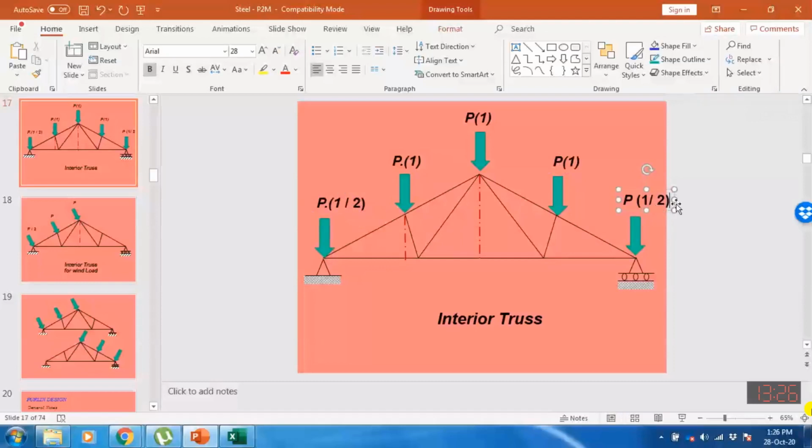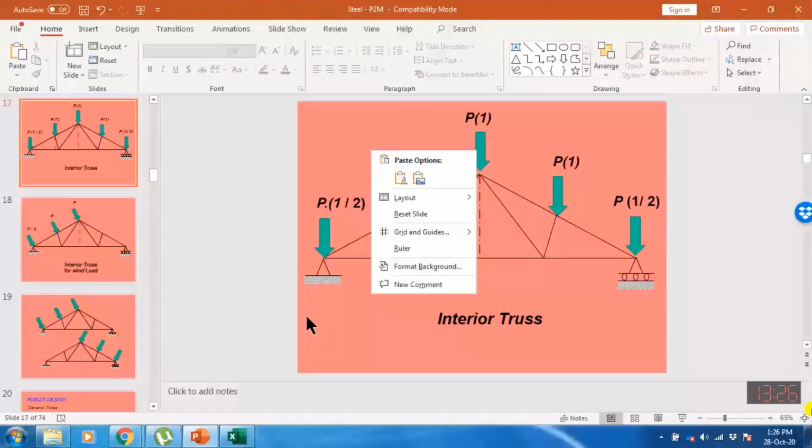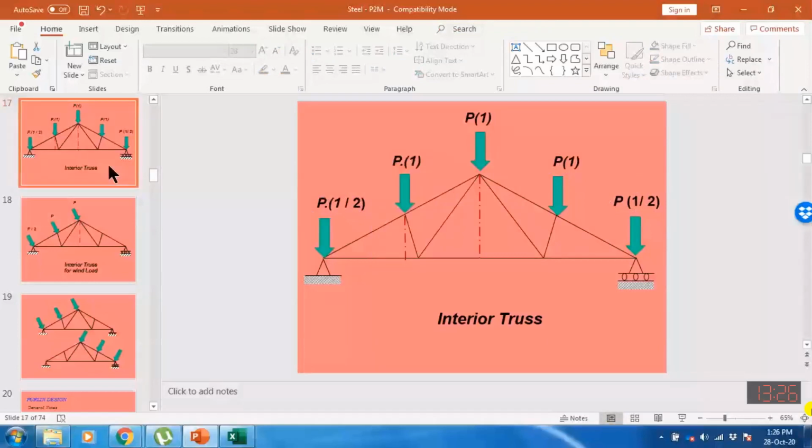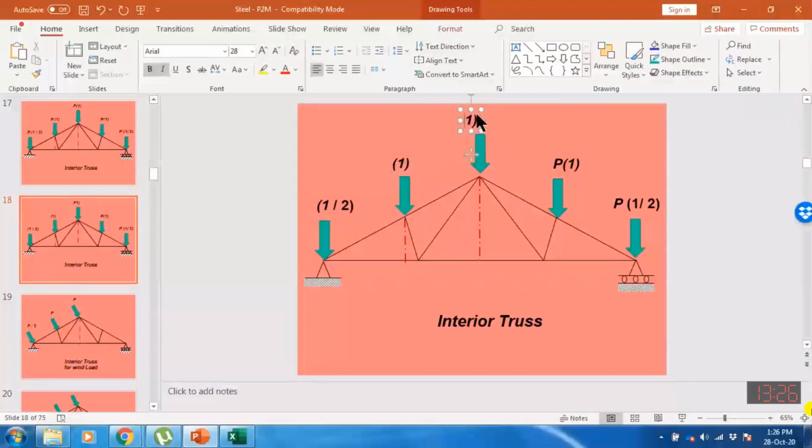So actually what I want to do now is make a duplicate of this slide. Instead of analyzing a P load, I am analyzing this truss for a unit load, one load, simply.